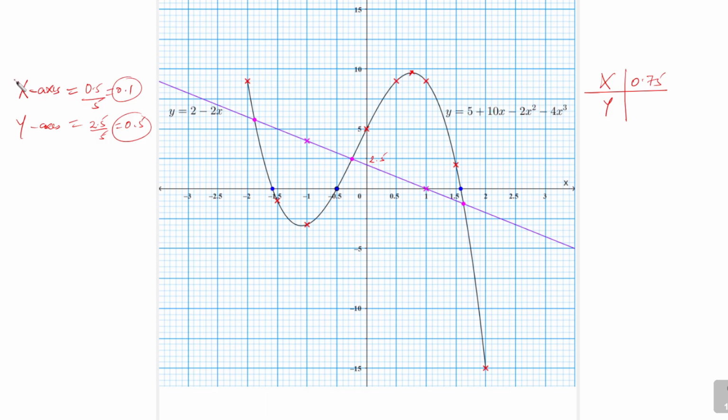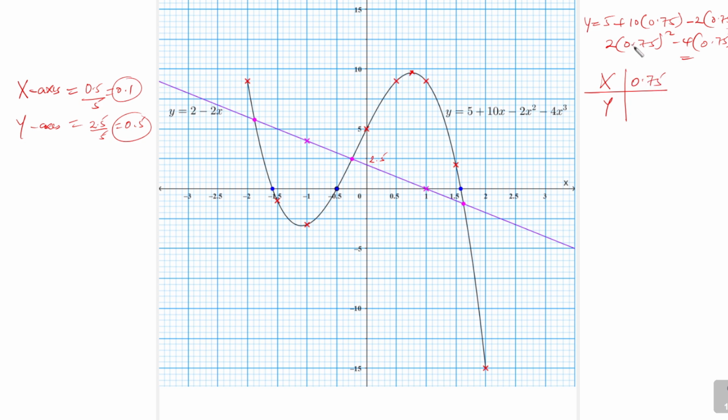Use this function. You just substitute x: y = 5 + 10x - 2x^2 - 4x^3, where x is 0.75. So you simply substitute this value 0.75.